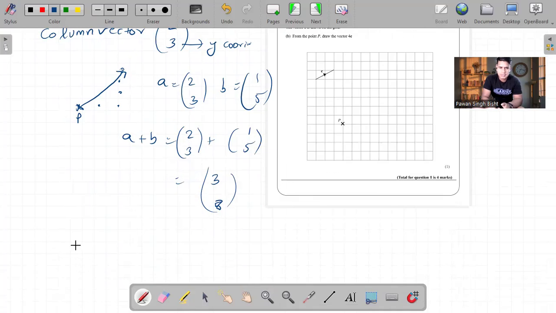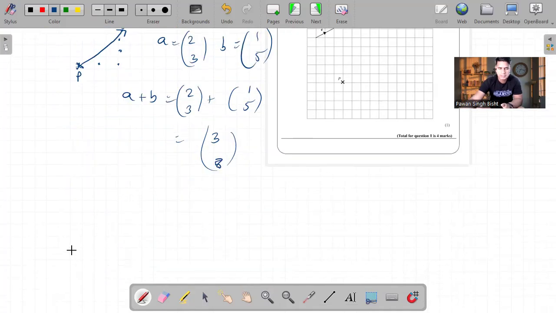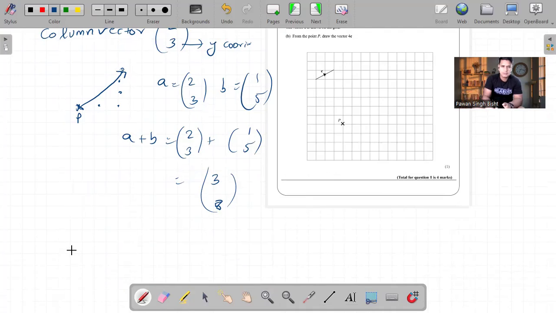Now suppose you have to represent it as a vector addition. From where we are starting, first is (2, 3): 1, 2 right and 1, 2, 3 up. This is my vector A. From there, (1, 5): 1 right, and 1, 2, 3, 4, 5 up.